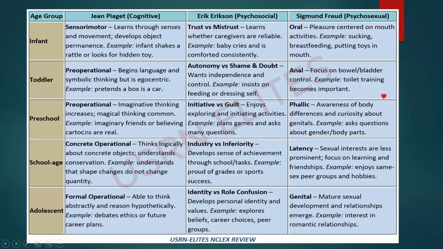An example is imaginary friends or believing cartoons are real. Their imaginations are very funny. When they watch cartoons, they think it's real.